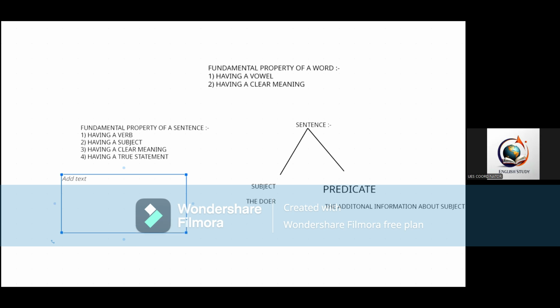Okay, so what is an example? Let us see.